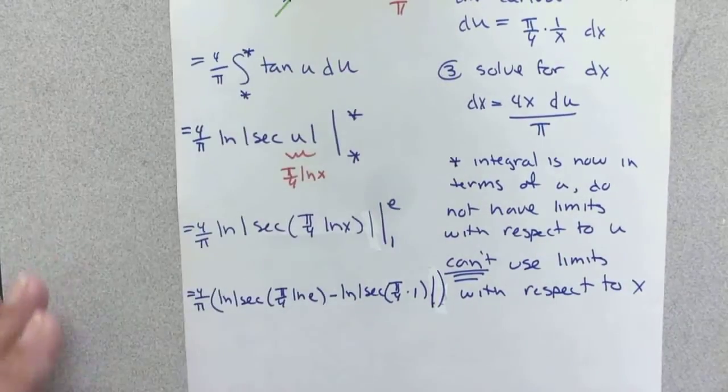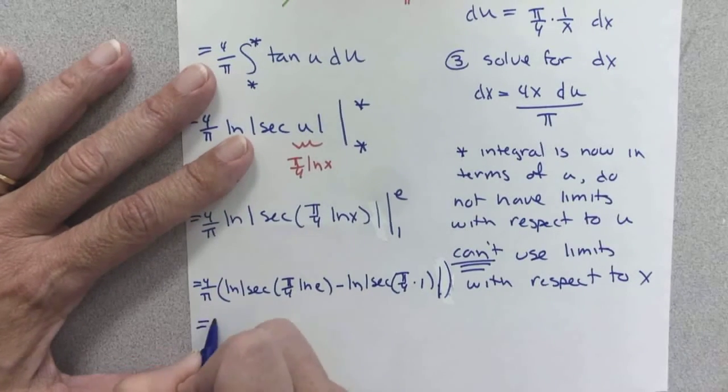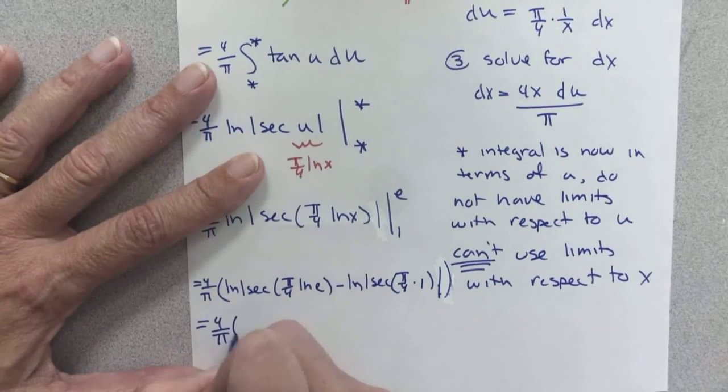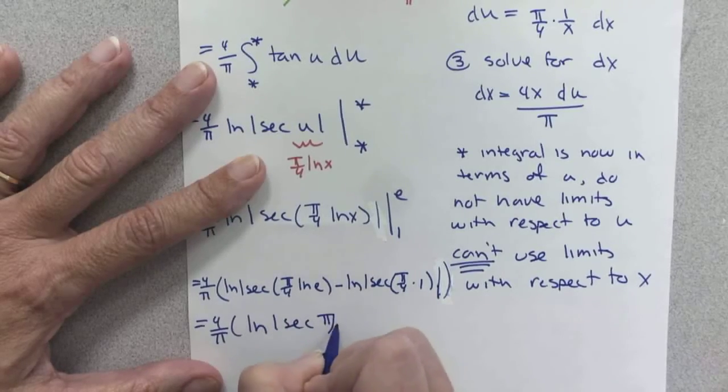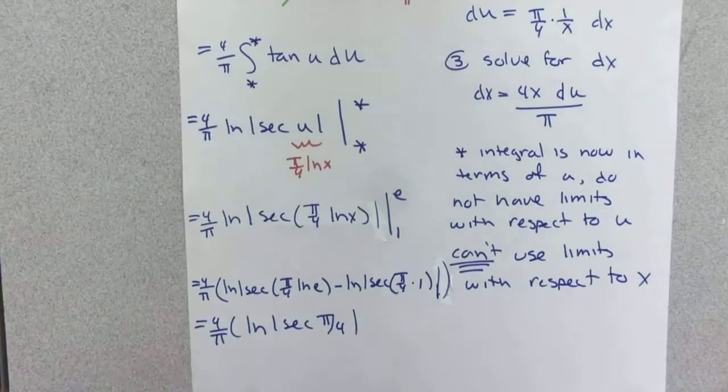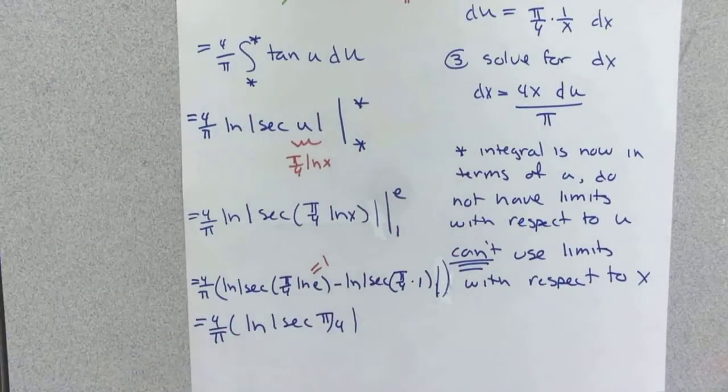And so, continuing on, that's pi over 4 natural log of secant of pi over 4. Remember, the natural log of e is 1.